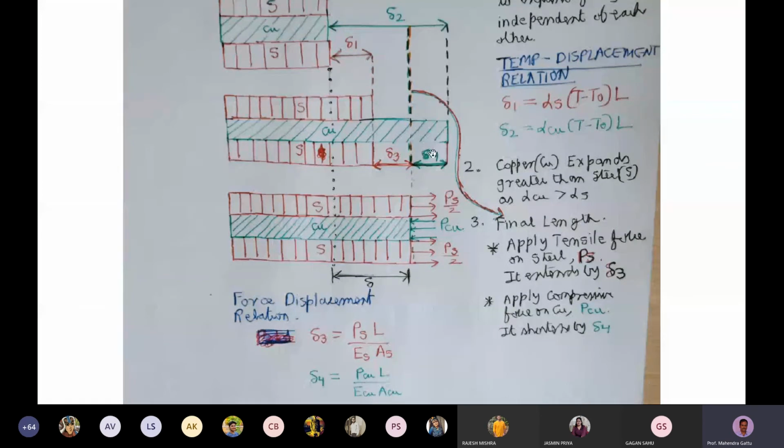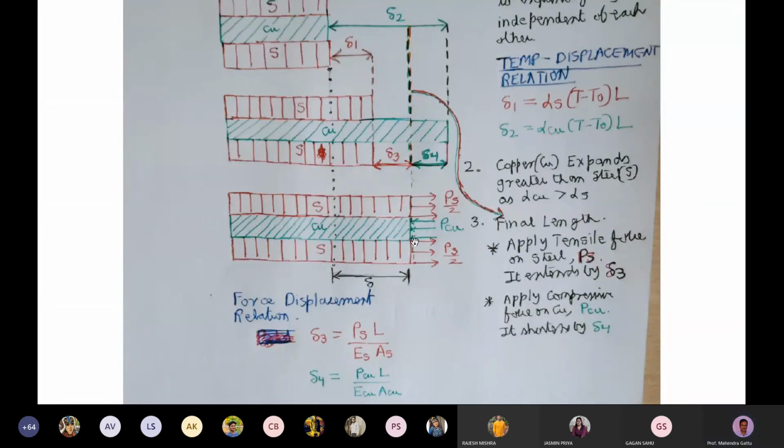So this line indicates the final position. This final position is such that it is to the left of this line, and it is to the right of the steel line. Okay, so the steel will expand a little more because of copper, and the copper will shrink a little bit because of the steel, and both will occupy this intermediate position.